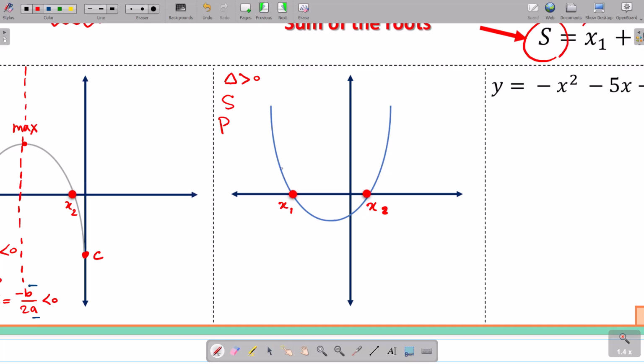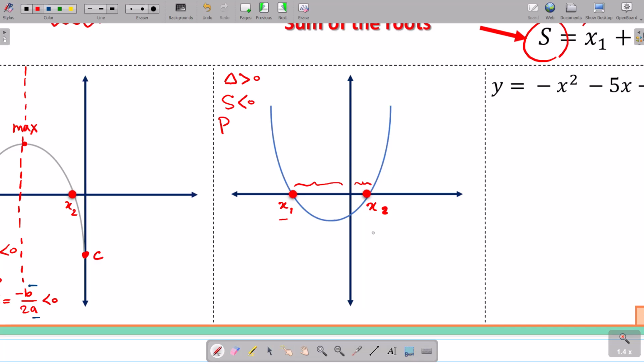We know that the sum of the two amounts has the sign of the larger amount. This one has the larger amount. This part is much greater than this part. So our larger amount is negative. So the sign of the sum of these two amounts will be negative as well.